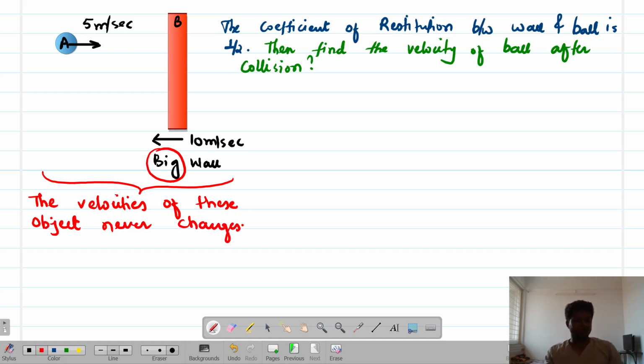This is a big wall. Its velocity can't be changed because it is already moving with some other velocity. Are you able to get me or not? So apply that concept to this problem. It is going to be exactly the same.